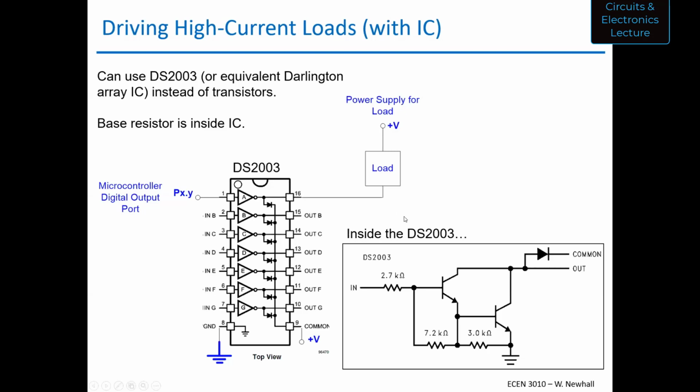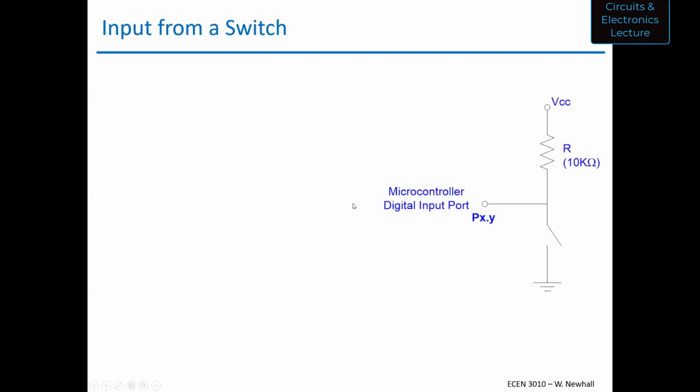On one of the applications that I showed for a microcontroller, I said there's some input from a switch, like the scale input, to zero the scale or change the units of the scale. Well, here's an example of how to do that. This is a typical way of applying a switch's input to a digital input port of a microcontroller.